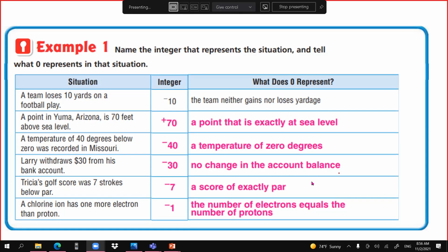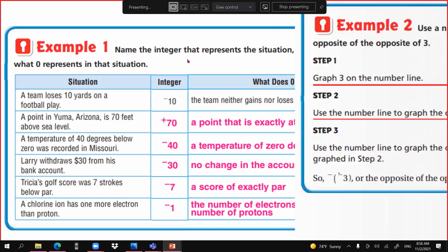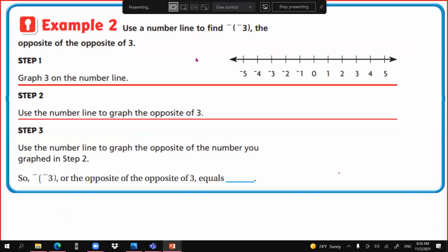But I will not ask you what 0 represents. I will ask you now, name the integer that represents the situation.